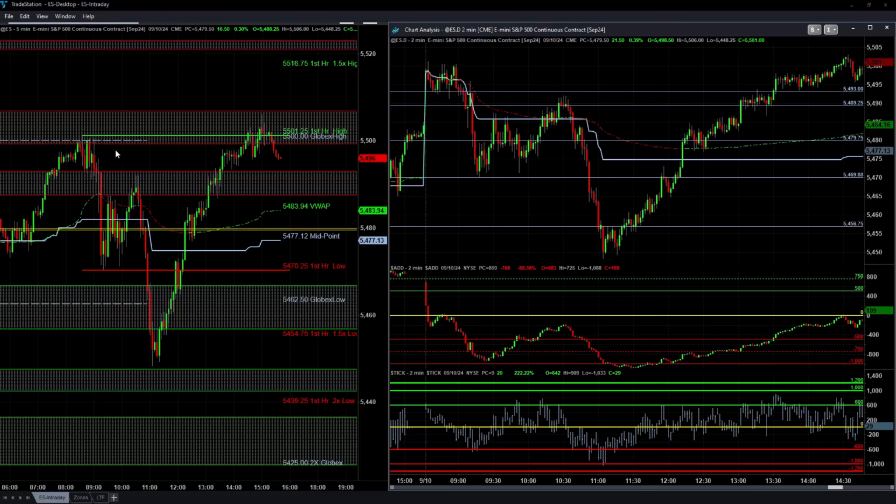Now, the way that you want to structure your trade on the short side at initial resistance is to scale out ideally ahead of 93, because that's really going to be the tell. If we continue to hold 93 and we're seeing signs of initiative buying, then the market may eventually head higher.